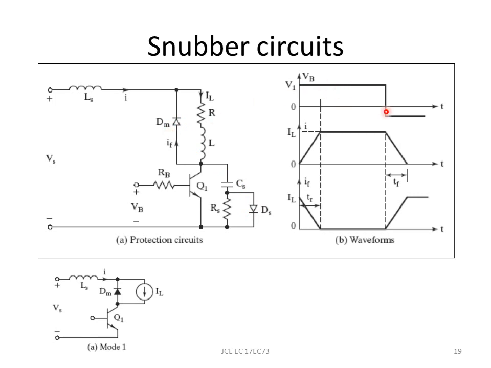If you see here, I am giving a VB voltage that is applied to the transistor. As long as VB is positive, the transistor will be in the on state, right? So at t equal to 0, when I apply VB from 0 to VB, the load current is going to rise with a slope because of Ls and also its own inductor, and the slope is going to rise in this fashion.